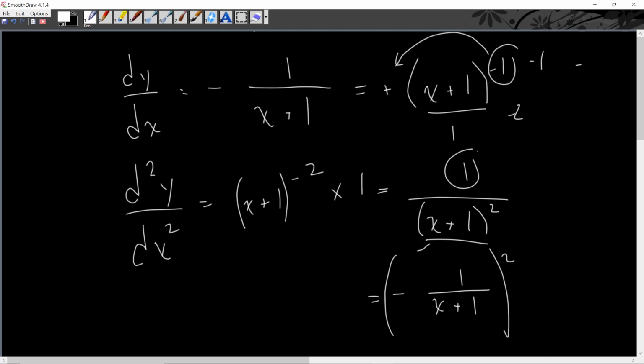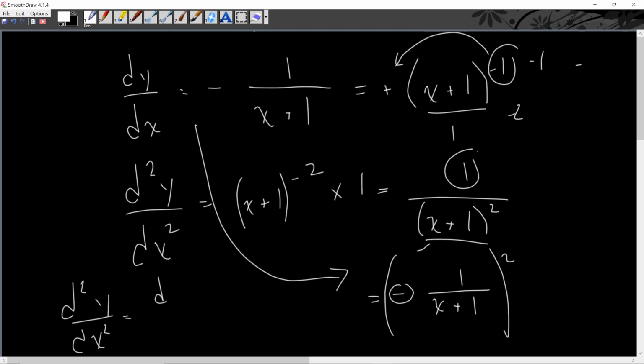X plus 1 down here squared is x plus 1 squared. So this negative, when squared, becomes a positive. So this still evaluates that, but we just want this negative to be here so that it looks like our dy dx. And so we can say that d squared y over dx squared, in this case, is going to be dy dx squared. That's going to be our answer for that one.